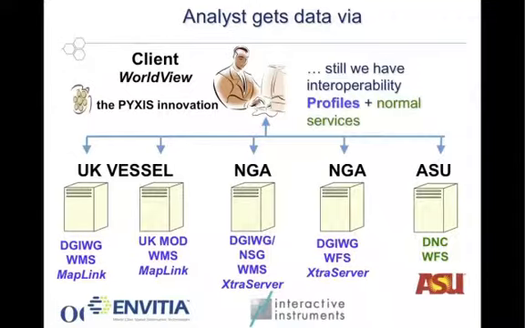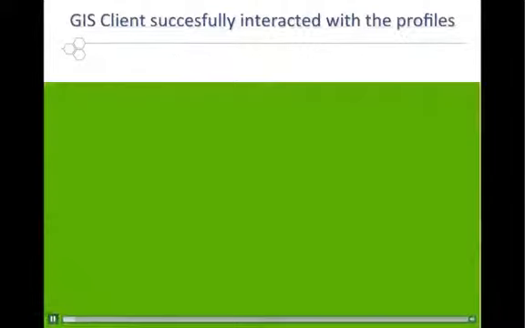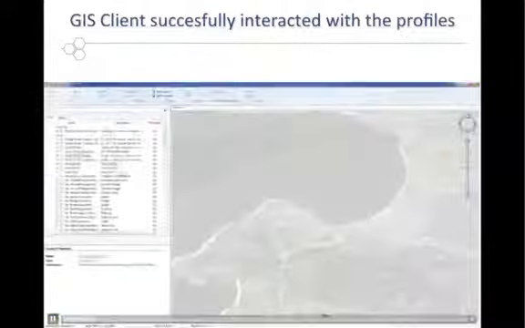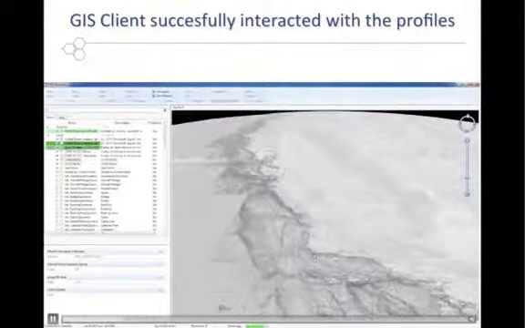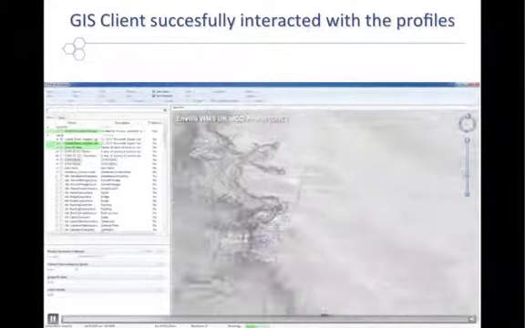So we have the DigiWeek WMS profile, the UK MOD WMS, the DigiWeek NSG WMS, the DigiWeek WFS, and a very simple digital nautical chart WFS. This is a movie that shows the client interacting with those services.